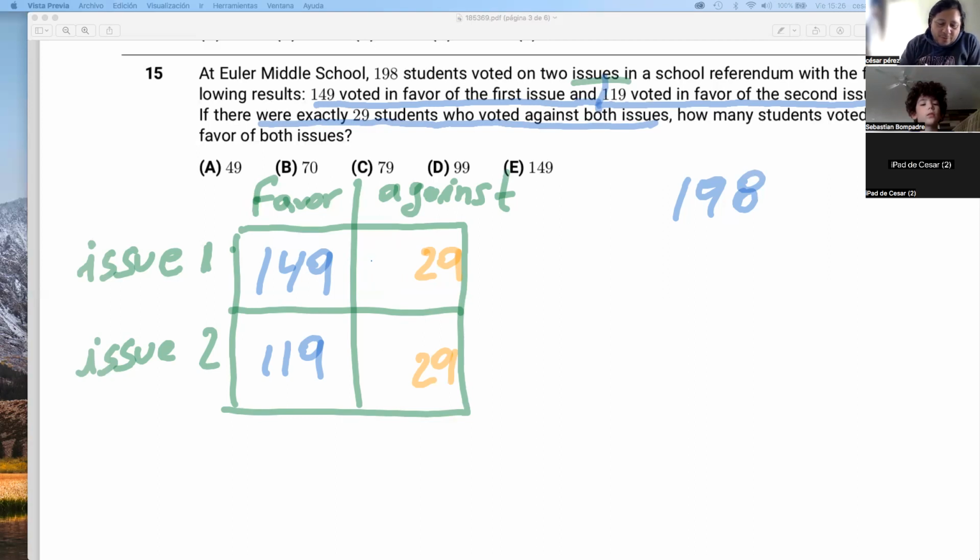So we will have here another 20 that voted against the first issue, but not against the second issue. Okay? That was very nice. And we will have here 50. Okay? We are right here.